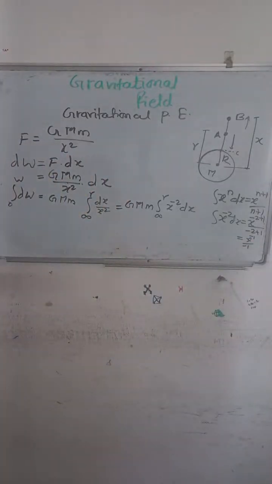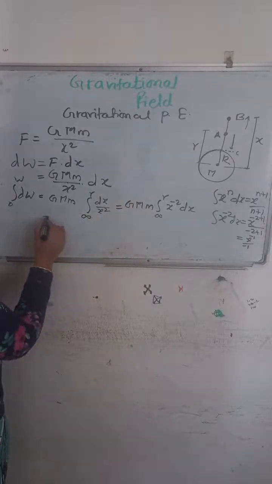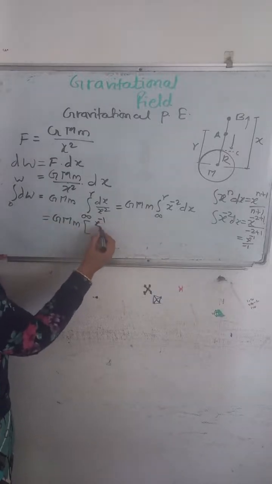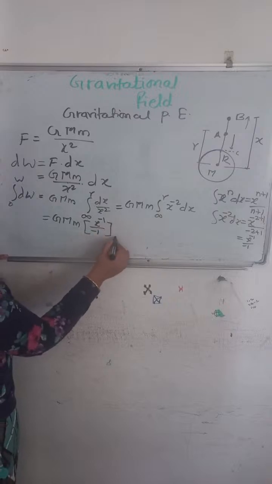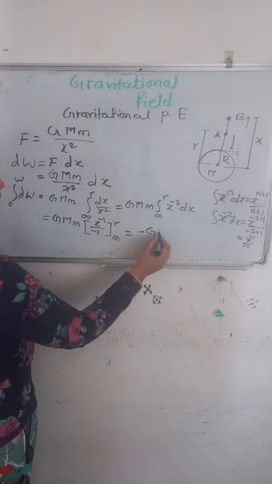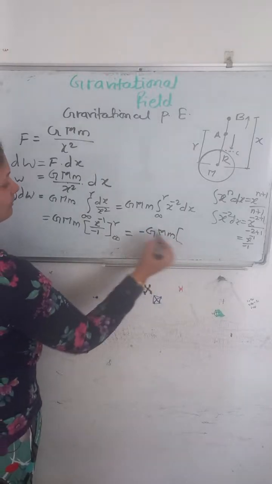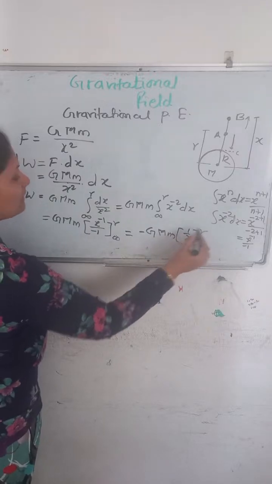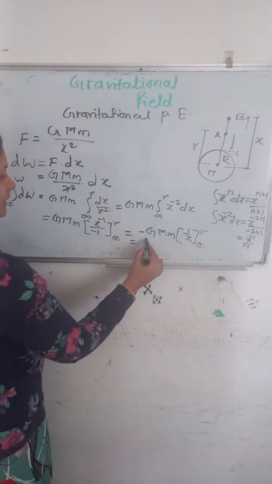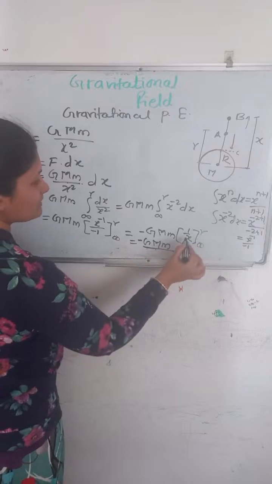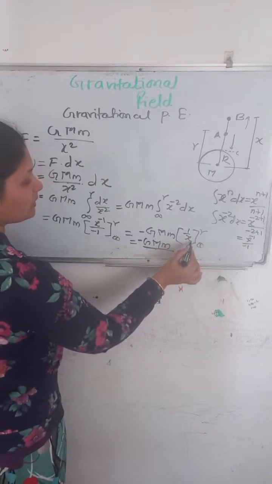So I will take the integration and write GMm here. We will get x raised to minus 1 upon minus 1, infinity to r. Minus 1 you can take out, GMm, and x raised to minus 1 you can write as 1 upon x, infinity to r, then you can substitute r over here. So GMm, minus sign, divided by x, you can put upper limit minus lower limit.